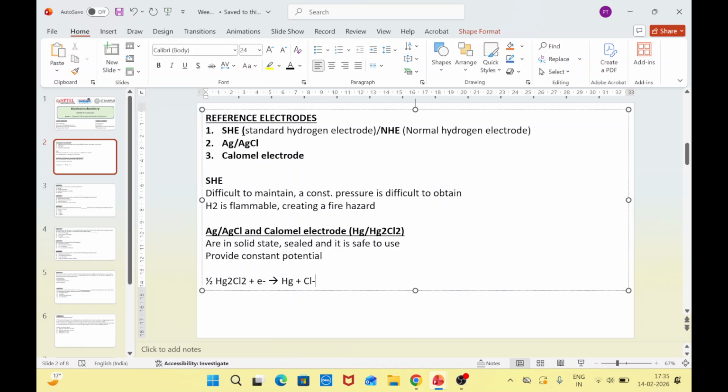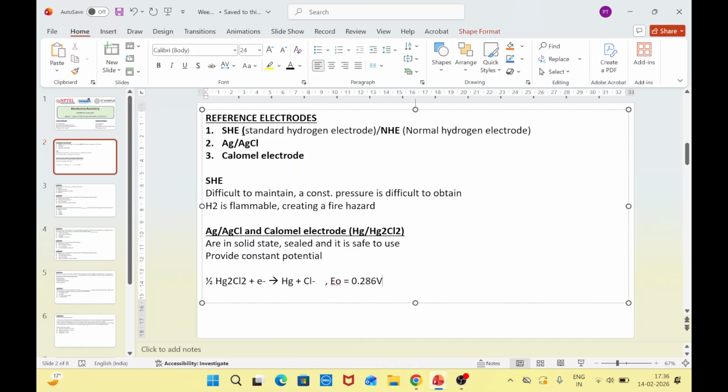So this has an E naught value of 0.268 volt, and your AgCl has an E naught value of 0.1997, both with respect to SHE. So kindly note that down, and please have a look at the respective reactions for each of these electrodes, which will be quite useful.